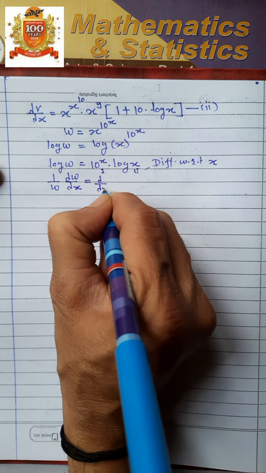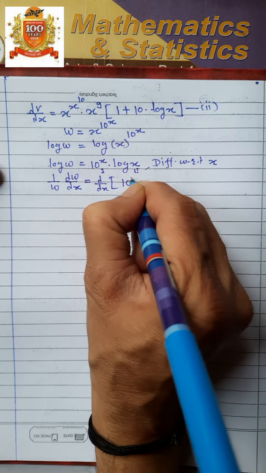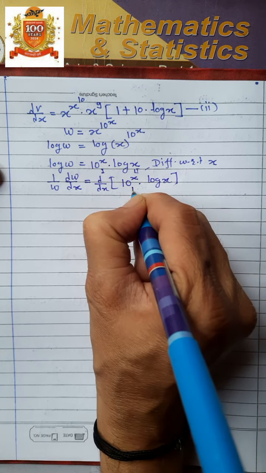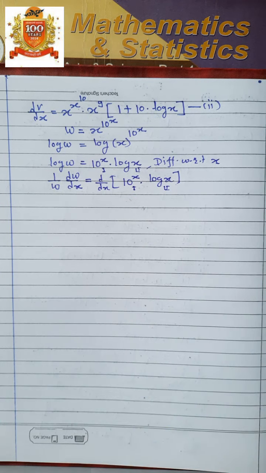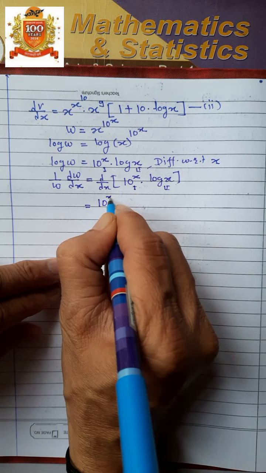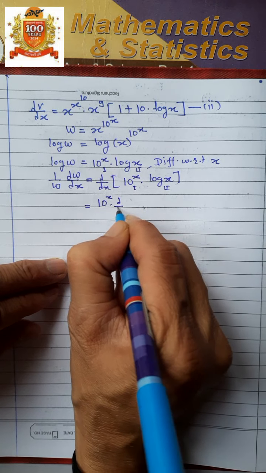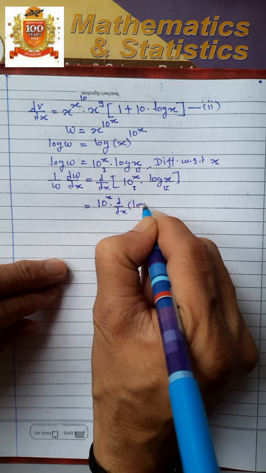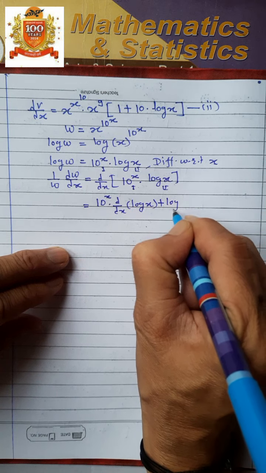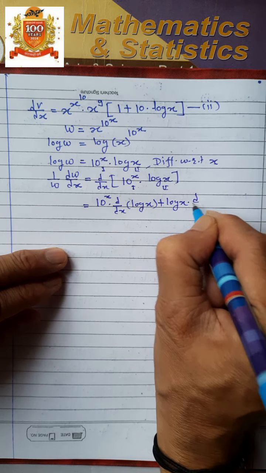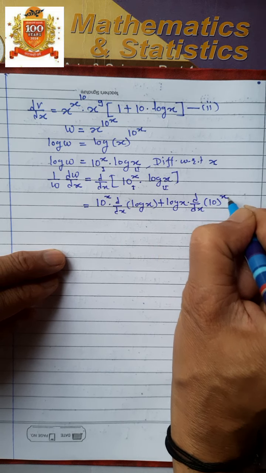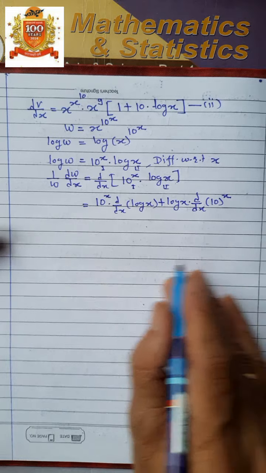Apply this: first function 10 raised to power x into d/dx of log x plus log of x, second function, into d/dx of 10 raised to power x.